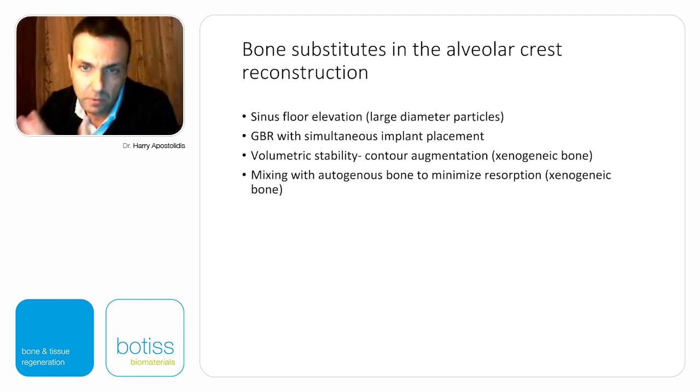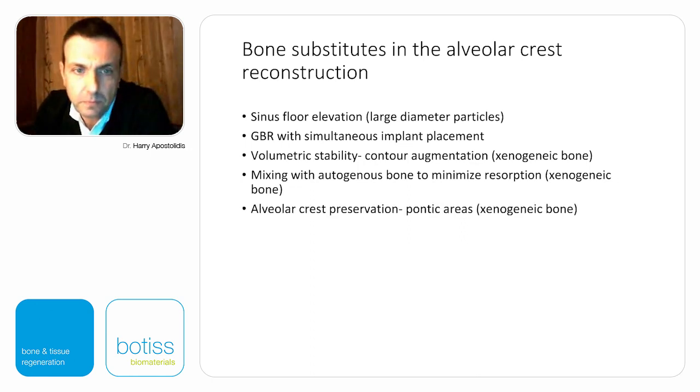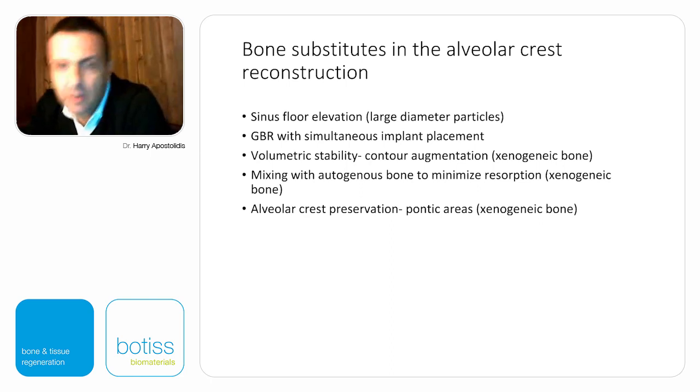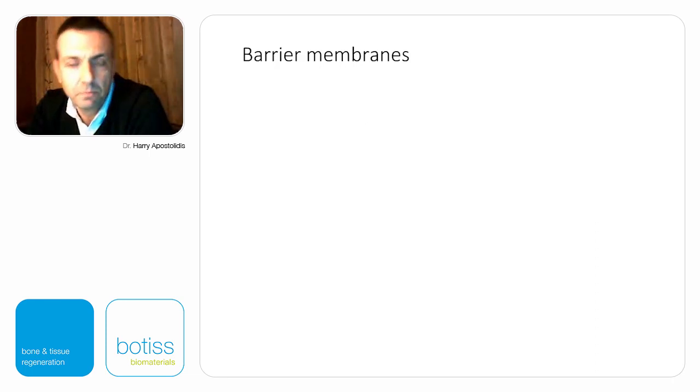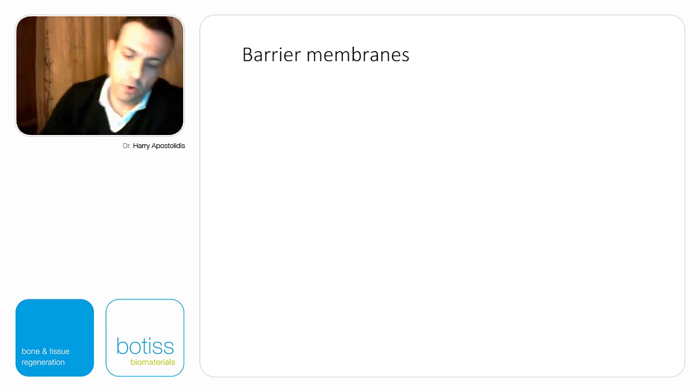Again, minimize resorption means that we're going to use xenograft, nothing else, because nothing else minimizes resorption and looks like human bone. And we use it for alveolar crest preservation and in pontic areas, as we said. Again, xenograft bone.